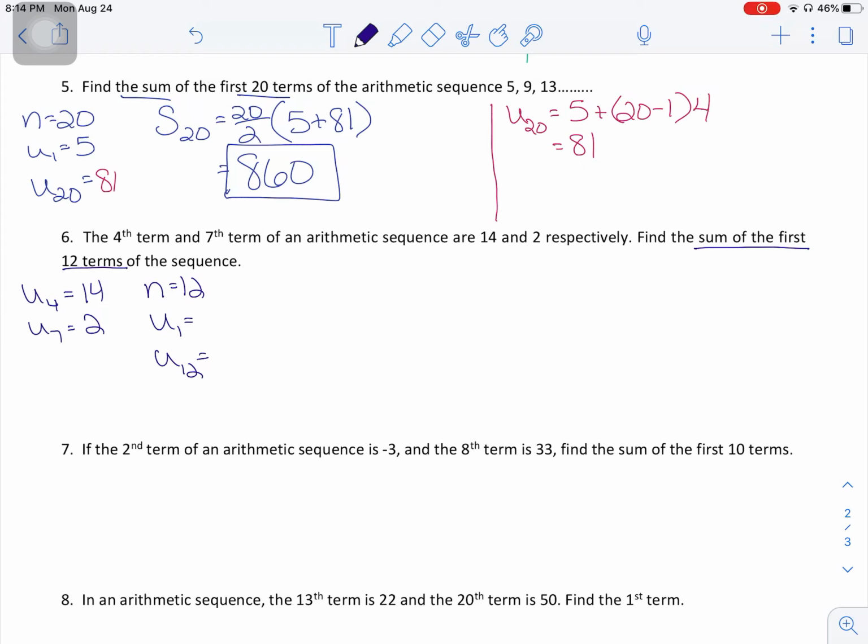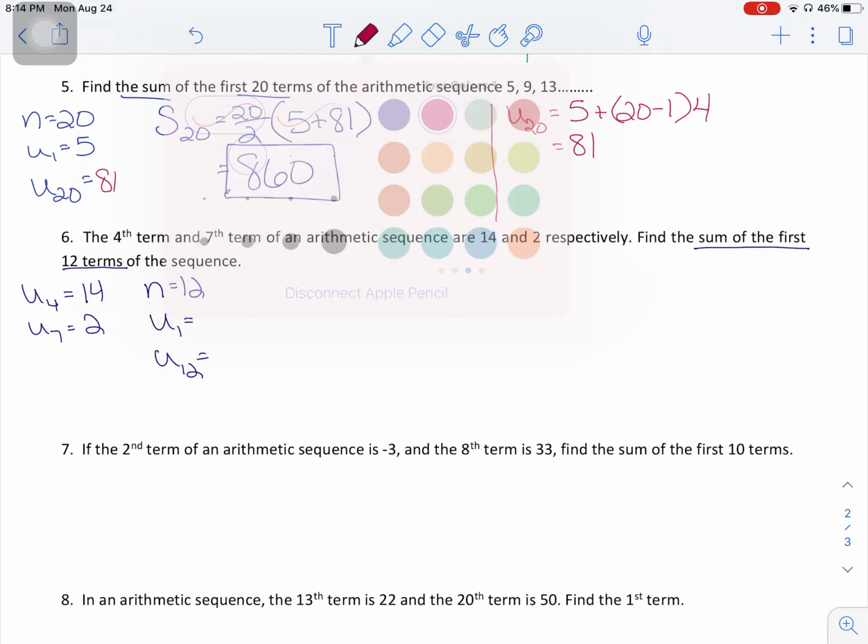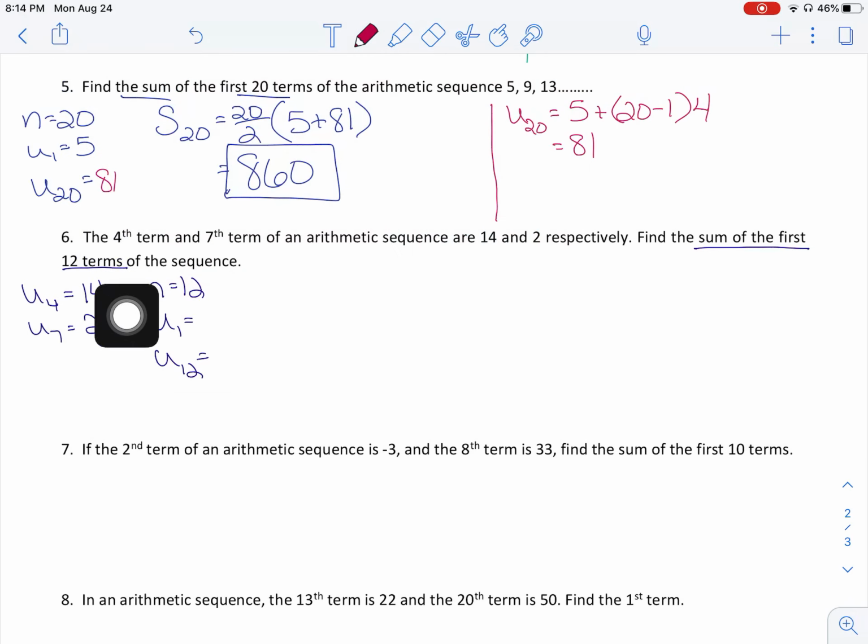Now, one of the things I showed in 9th period, and this is what I want to talk through again, is how to think about the change here like you would think about slope.